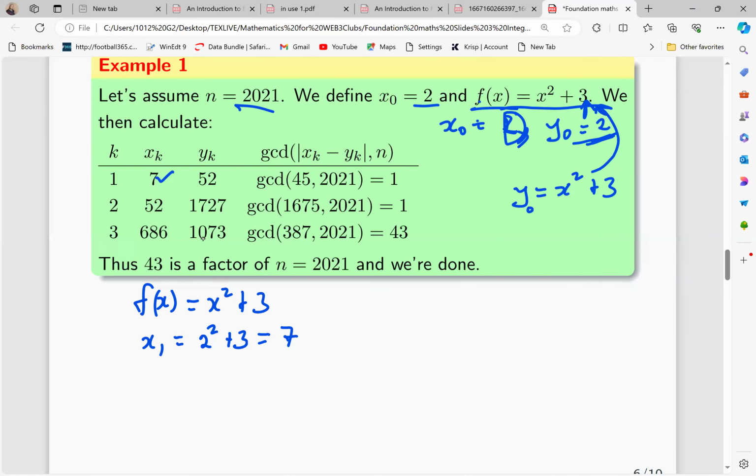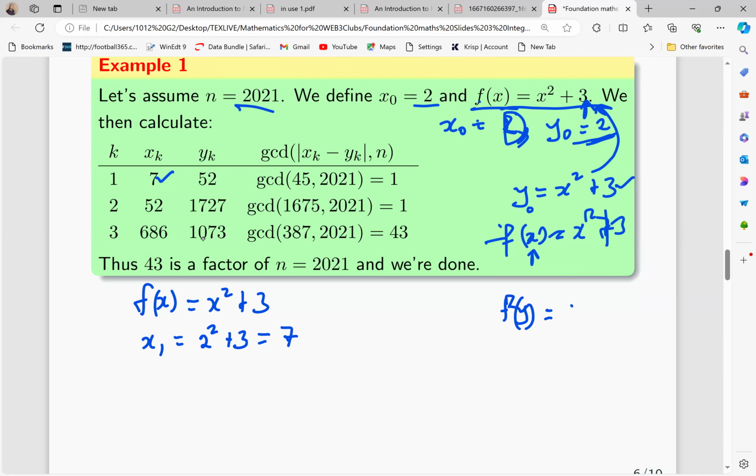The equation that I have is f of x is x squared plus 3. So I put y there where there is x. So I have f of y, where there is x, I put y.